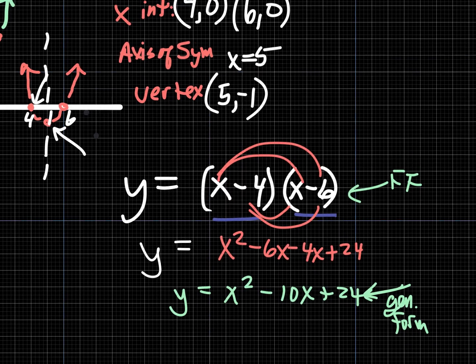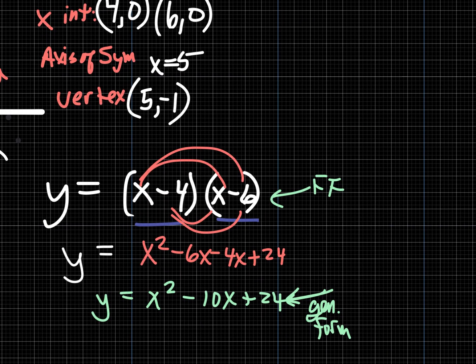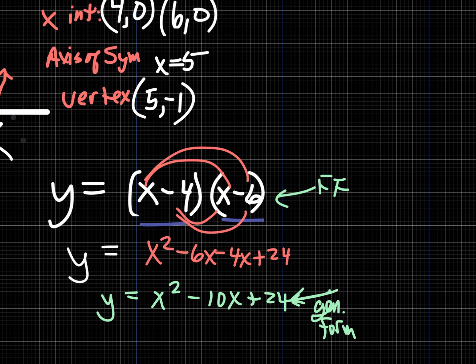Vertex form, surprisingly enough, uses the vertex. If I rearrange this equation to do this, there. I bet some of you are going to know how I got that vertex form.